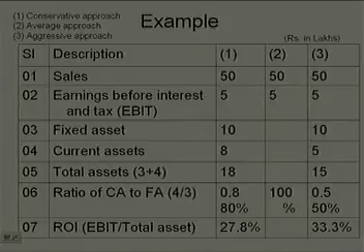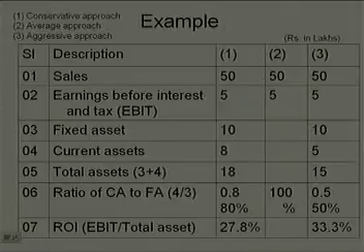So, what this example illustrates is that the ratio between current asset and fixed asset has an important bearing on the return that you get on your investment, even when the sale amount is the same. A conservative manager gives you a lower return than the return on investment earned by an aggressive manager.